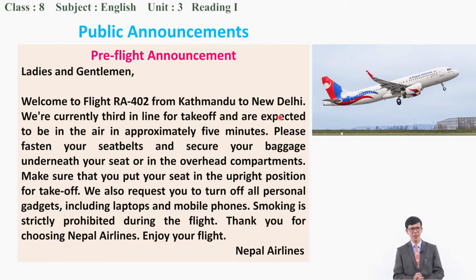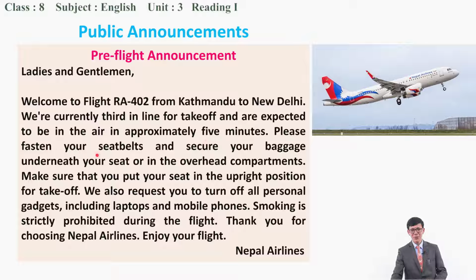Very good. This flight is from Kathmandu to New Delhi. We are currently third in line for takeoff and are expected to be in the air in approximately 5 minutes. Look at the notice there: this flight is going to take place within 5 minutes.